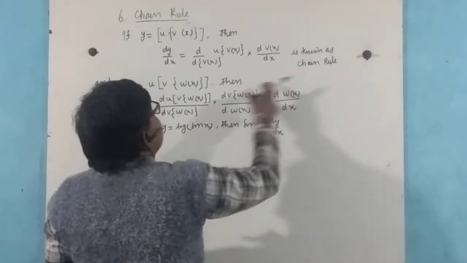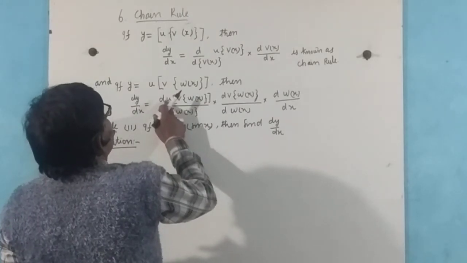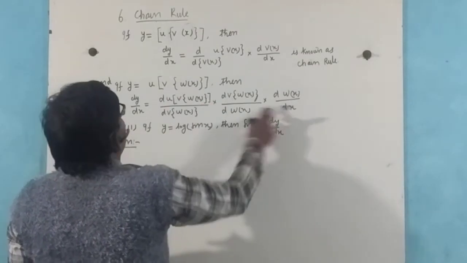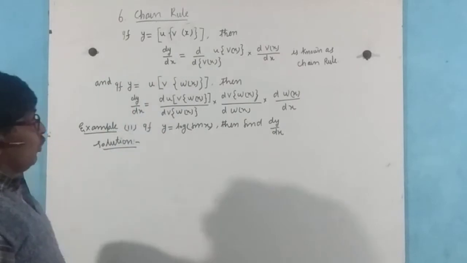This and this cancel, so we get d of u(v(w(x)))/dx. This is known as the chain rule.